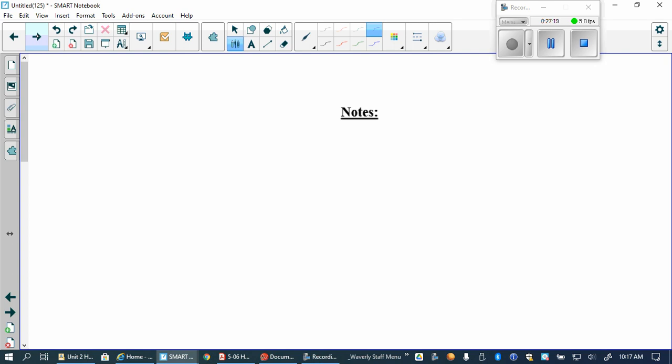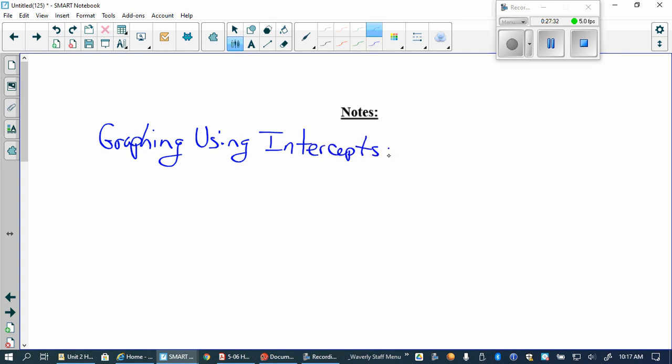So here's how. Graphing using the intercepts method, or just intercepts, okay? When a line crosses the x-axis, what's the value of y at that point?